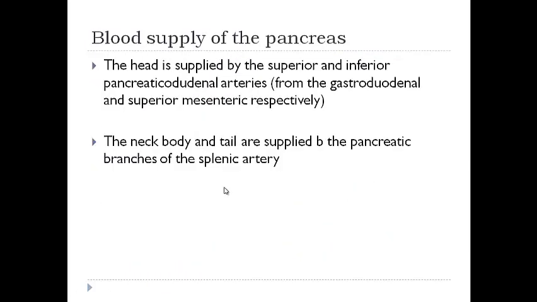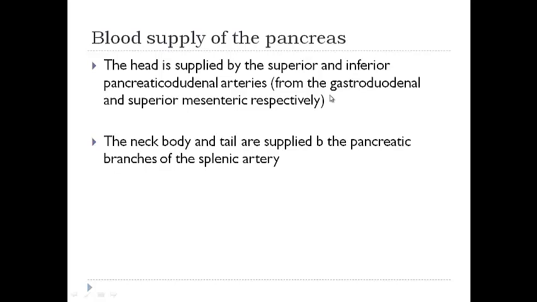So the blood supply of the pancreas comes from a few places. We separate the blood supply of the head by itself and then the neck, body, and tail by themselves, because they get their blood supply from somewhere else. The head is generally supplied by the superior and inferior pancreaticoduodenal arteries, which we already mentioned previously.